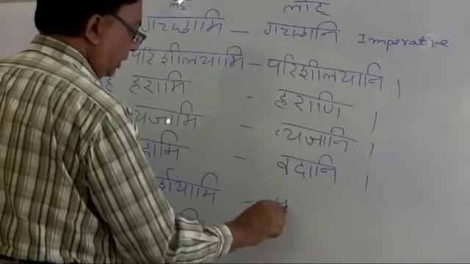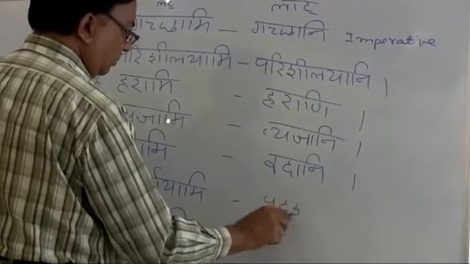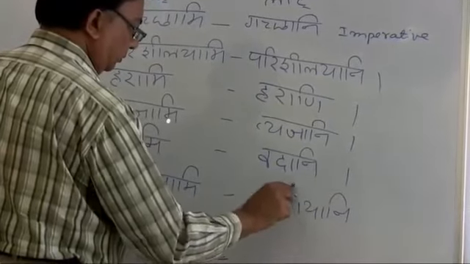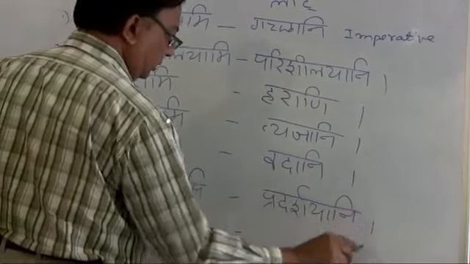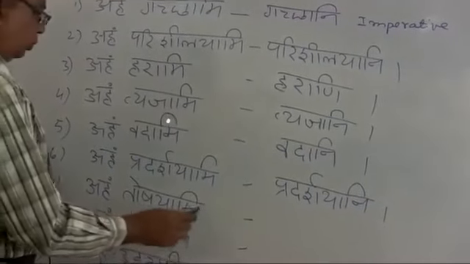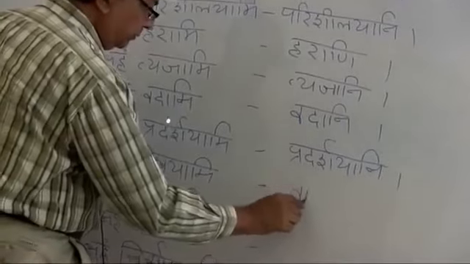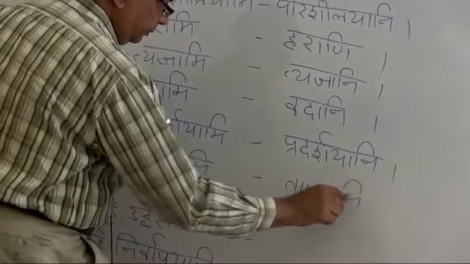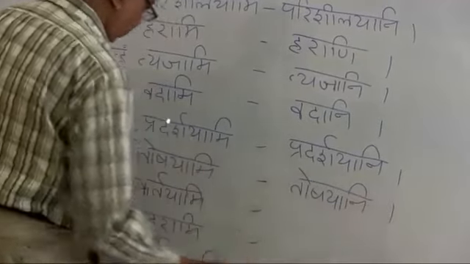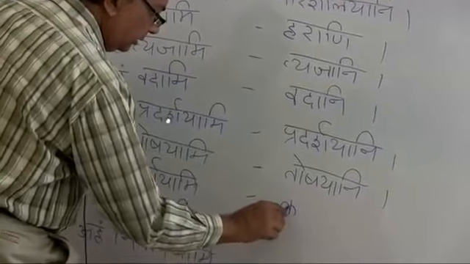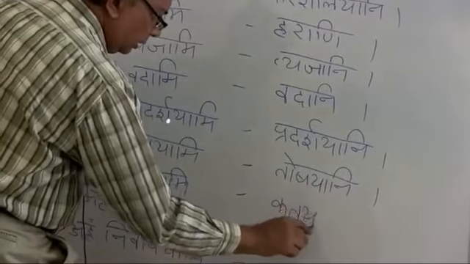Pradarshayami becomes pradarshayani. This is as simple as the one, if you know, you can do all this. Aham toshayami becomes toshayani. And kartayami becomes kartayani.